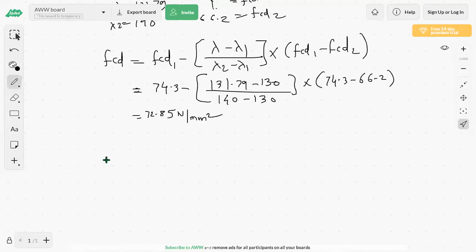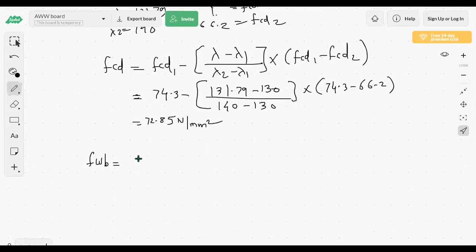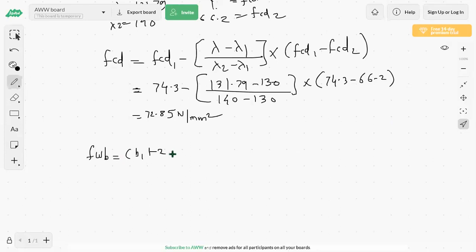Now we have to calculate the strength for web buckling. FWB we have to calculate. Okay, so (B1 plus 2N1) into TW into FCD. This is the formula, correct?